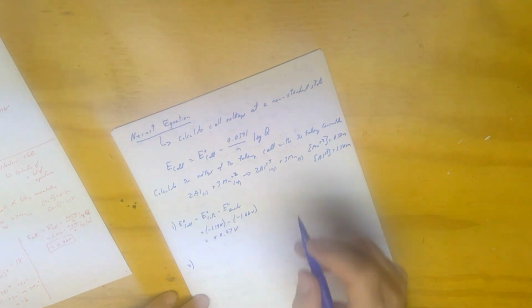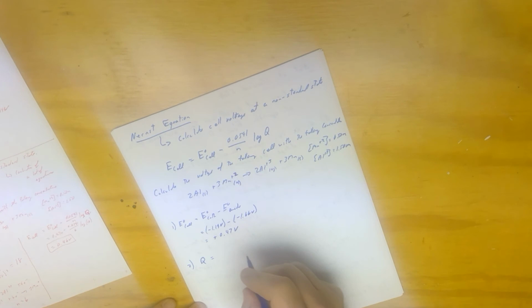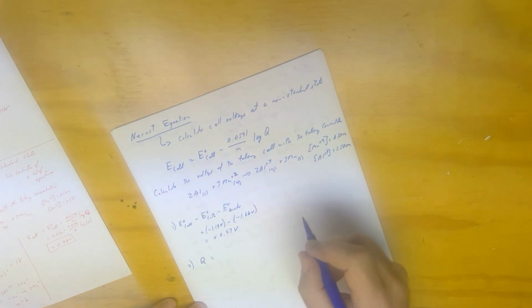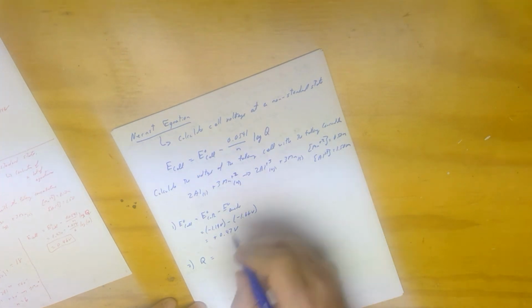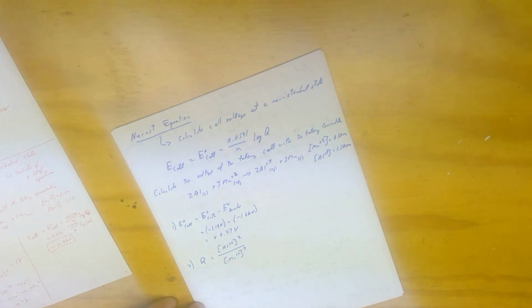Next thing we need is our Q, our reaction quotient, which is equal to the concentration of Al+3 squared all over the concentration of Mn+2 cubed.